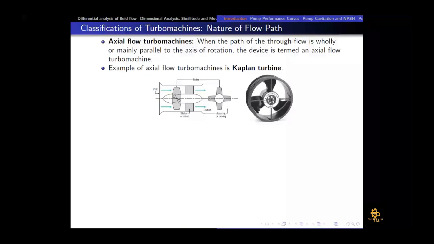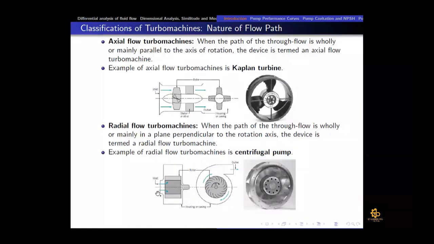And then the other type of turbomachine with respect to the flow path is the radial flow turbomachine. In a radial flow turbomachine, the flow comes in the axial direction, like here the flow would come from into the board towards out of the board, and then at the impeller, from the impeller eye, the fluid is coming, and then due to the arrangement of blades in the radial direction, it goes out in the radial direction like this.